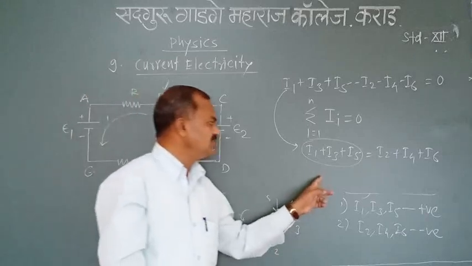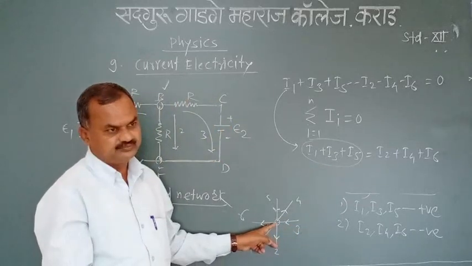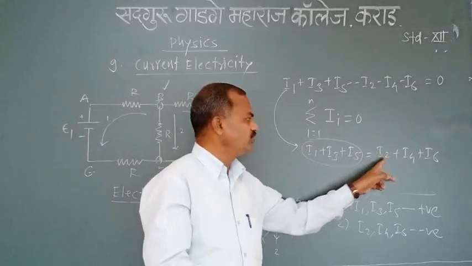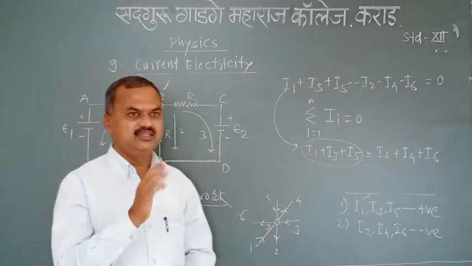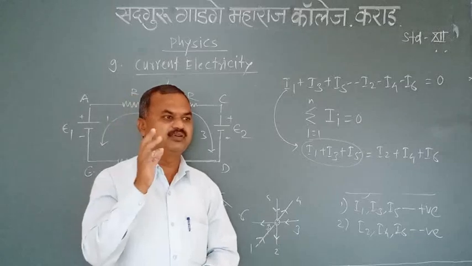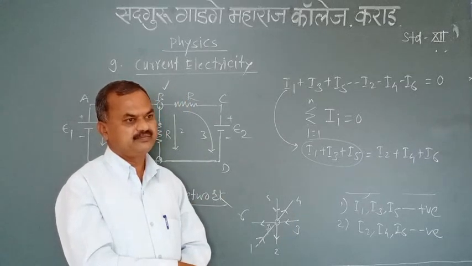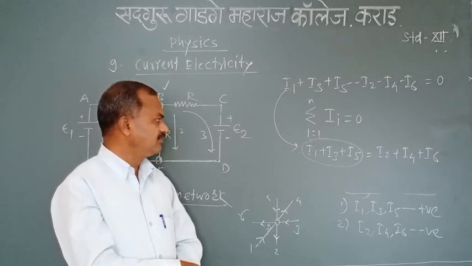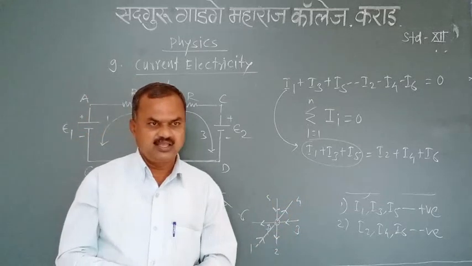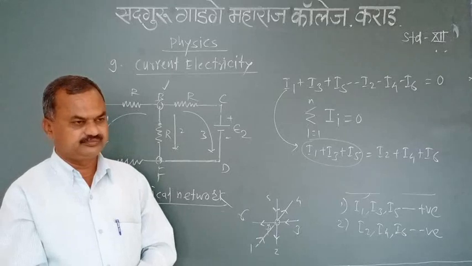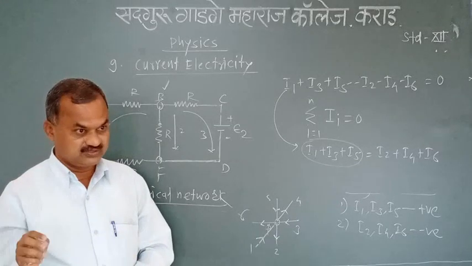That means the total charge flowing towards the junction is exactly equal to the total charge flowing away from the junction, because current is nothing but the rate of flow of charge per second. From this we conclude that Kirchhoff's first law is analogous with the law of conservation of charge.